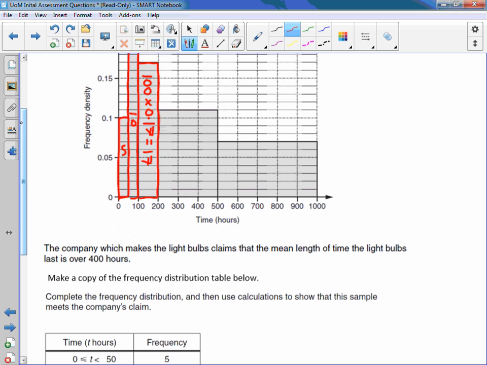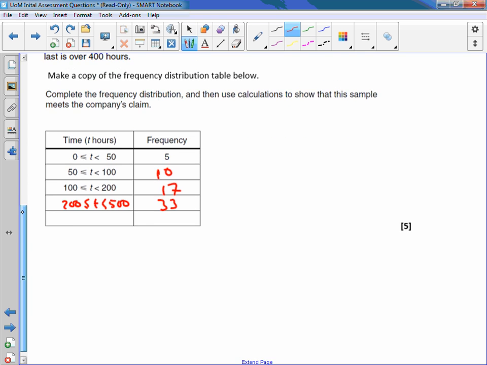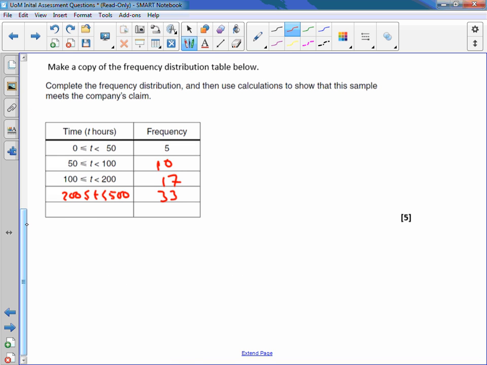And then I've got 300 wide by 0.11 high. So that's going to give us a frequency of 33. Okay, and then for our final group, we've got between 500 and 1000.